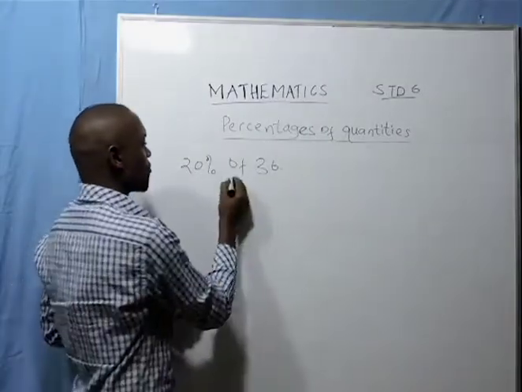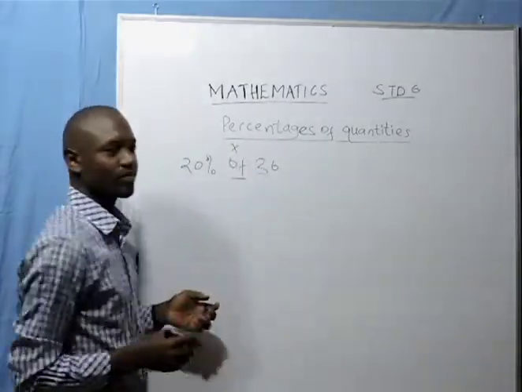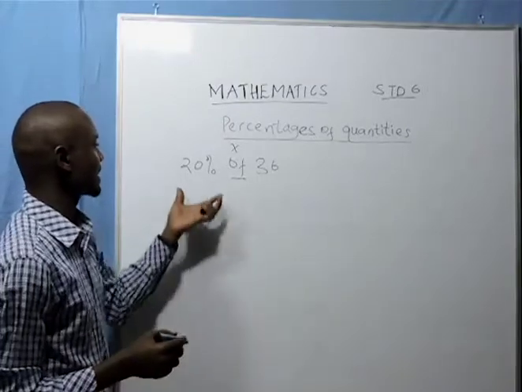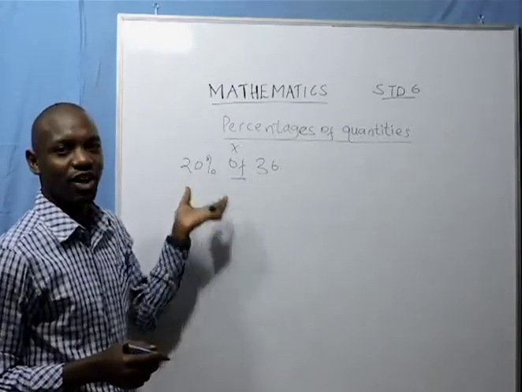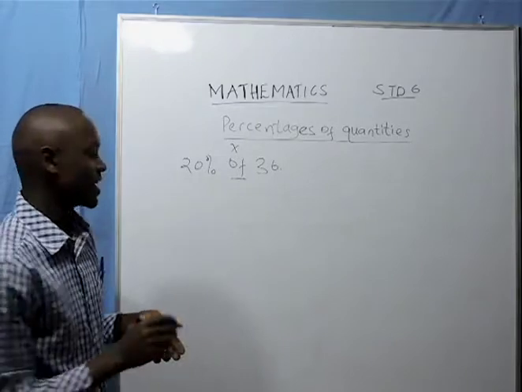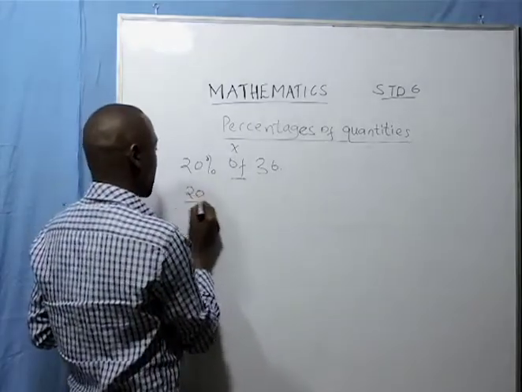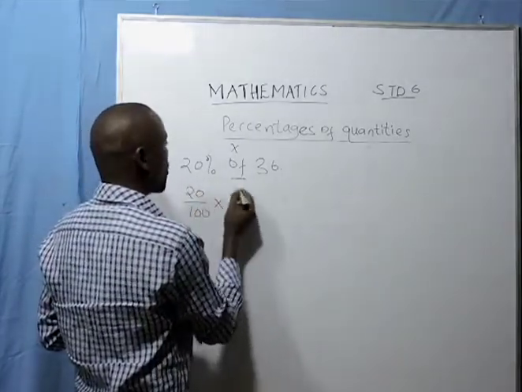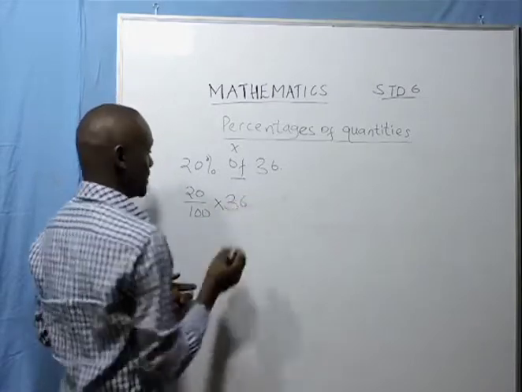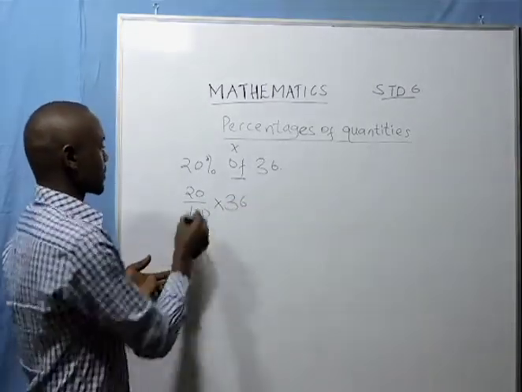We know that of means multiplication. So 20% of 36, write the percentage as a fraction. How do we write percentages as fractions? 20% will be 20 over 100. Then of means multiplication, times 36.